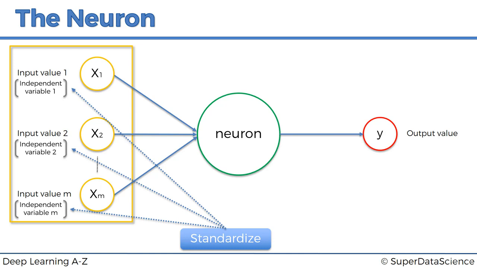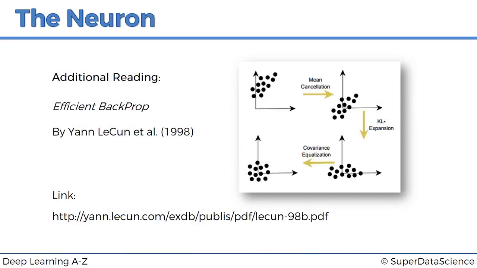If you want to read more about standardization, normalization, and other things that you can do with your input variables, a good additional reading paper is called Efficient Backprop by Yann LeCun, 1998. The link's over there. We're actually going to talk more about this phenomenal person in the space of deep learning in the part of the course on convolutional neural networks, and you'll see that this is definitely a person who knows what he's talking about.